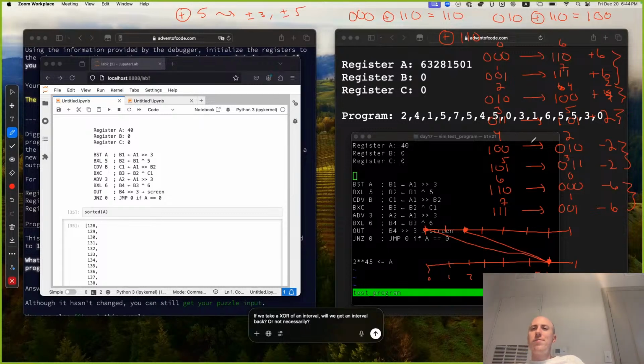Yeah, so I don't really see any numbers that are intersecting. We got 0, 1, 2, 3, 4, 5, 6, 7.